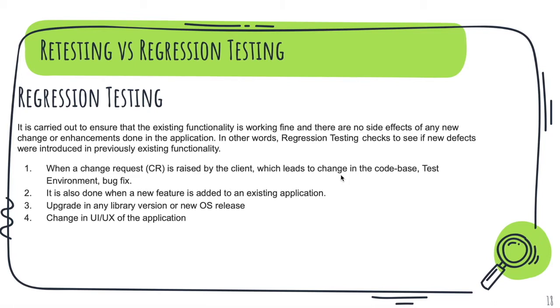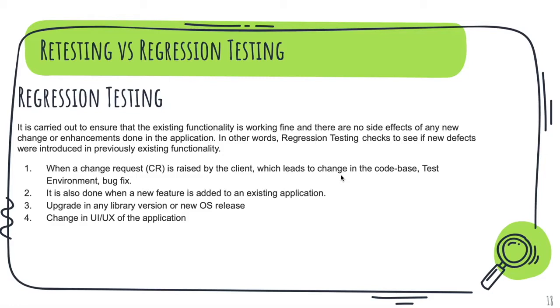So let's see what regression means. It is carried out to ensure that existing functionality is working fine and there are no side effects of any new changes or enhancements done in the application. In other words, regression testing checks to see if new defects were introduced in previously existing functionality.